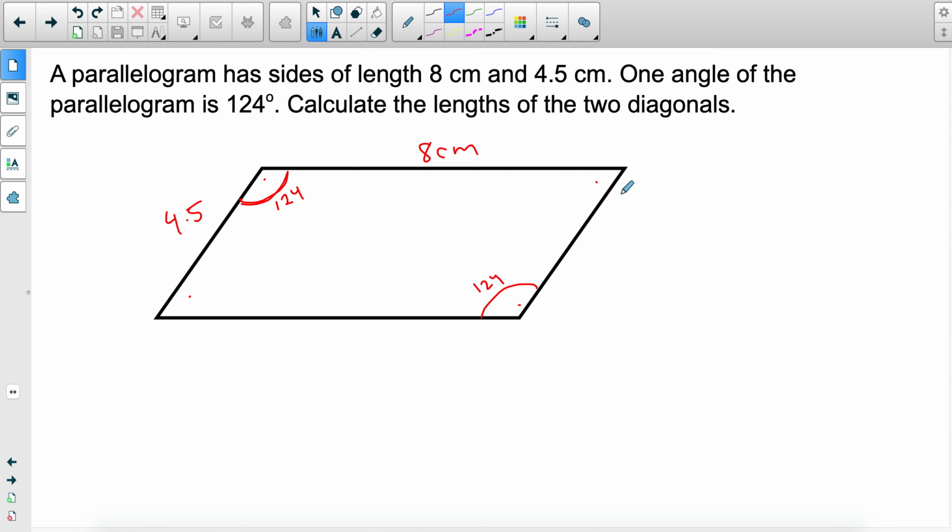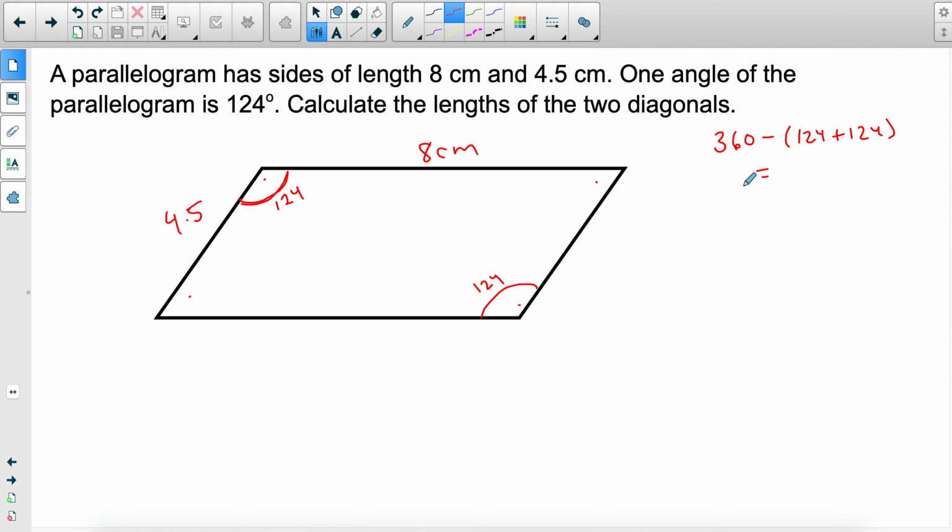And all the angles in a parallelogram, which is a quadrilateral, so it's a 4-sided shape, they all add up to 360. And so to find the size of the other 2 angles, it's 360 minus 124 plus another 124. And that will give you 248.